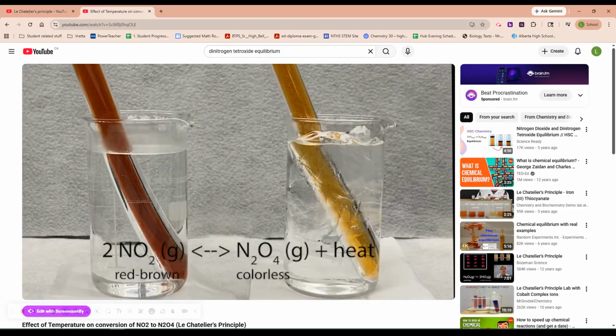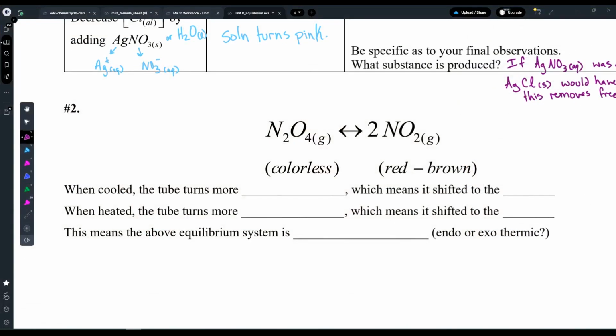Okay, so let's back this video up a little bit so that we can see those colors. So remember, the test tube on the left is being put in hot water, whereas on the right it's being put in cold water. So when cooled, the tube turns a lighter brown.